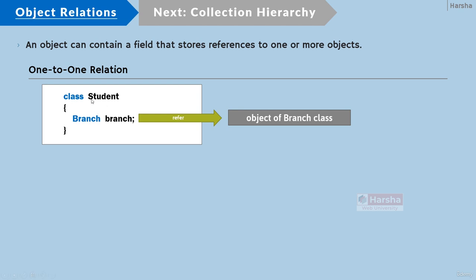For example, in the same student class, assume we have another field and that field contains a reference to address type of object that contains address details of the specific student. Currently, let me demonstrate one-to-one relation. Then we will try to demonstrate one-to-many and many-to-one as well.